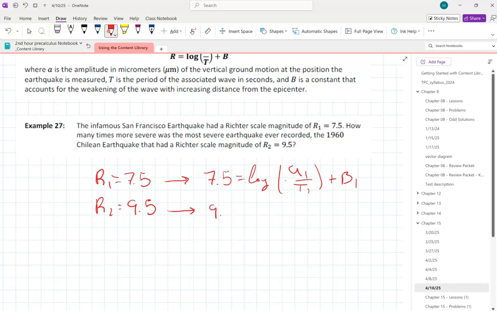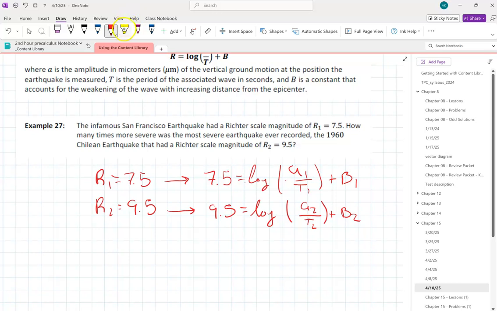And then R2 will say kind of the same thing, except we have some 2's here. So we're kind of making a system of 2 equations, right?